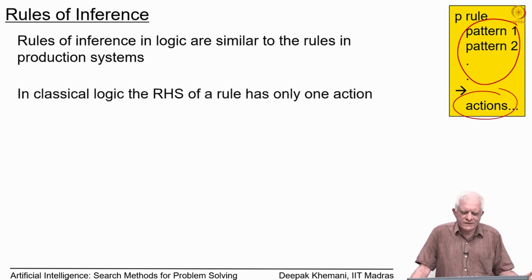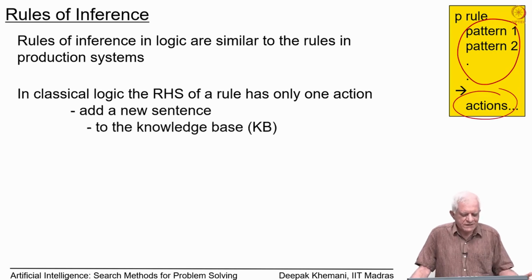So, rules of inference in logic are similar to the rules in production systems that we have studied. In classical logic, the right hand side of the rule has only one action, which is to add a new sentence to the knowledge base essentially.